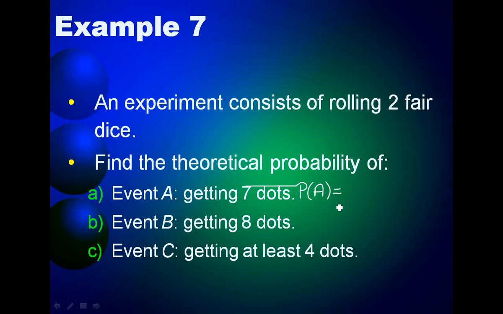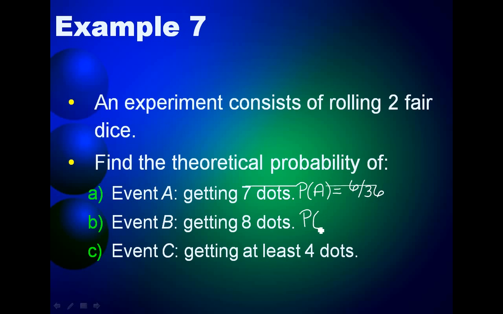Well, you could get 1 and 6, 2 and 5, 3 and 4, 4 and 3, 5 and 2, or 6 and 1. That's 6 out of 36 in that sample space.